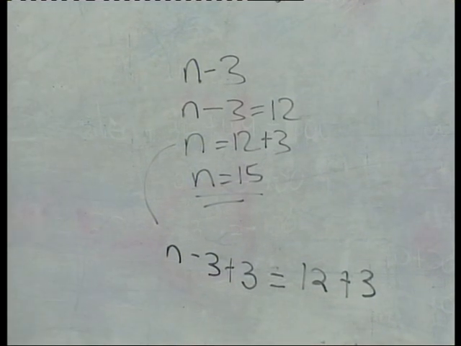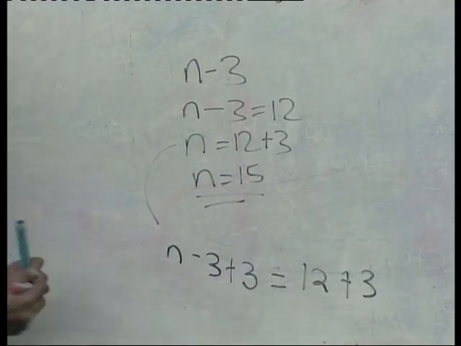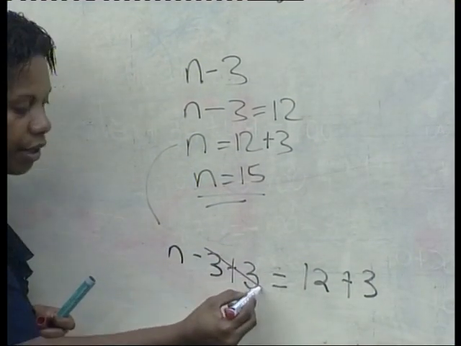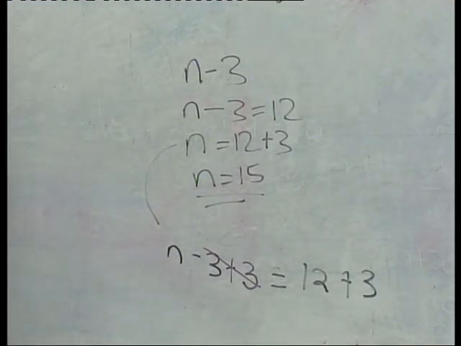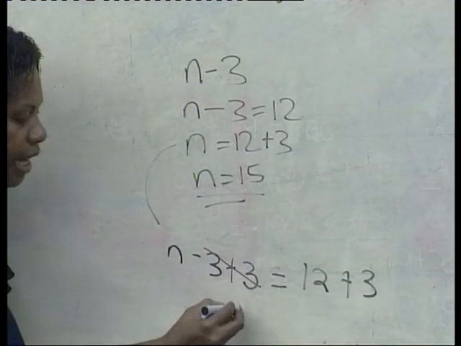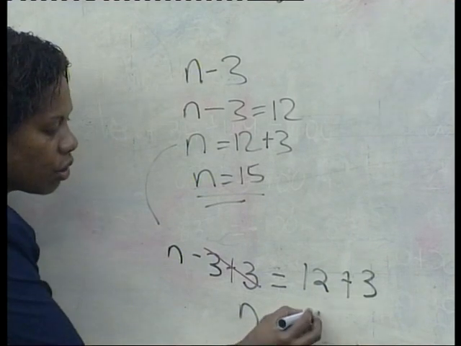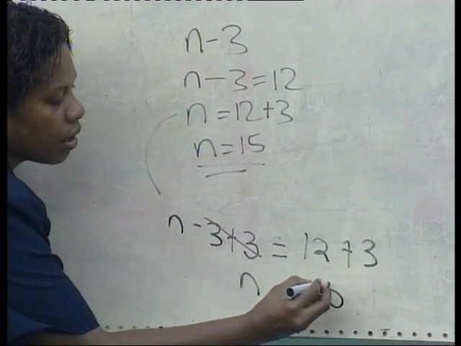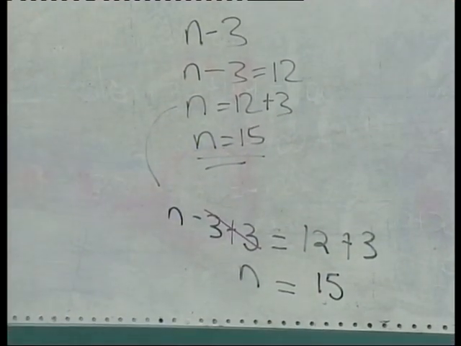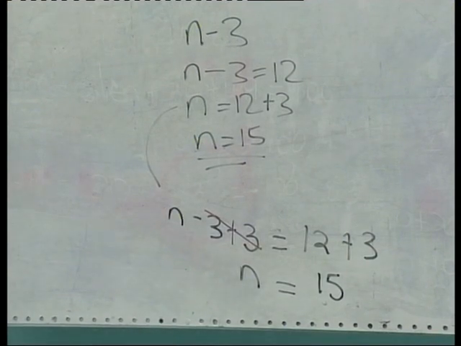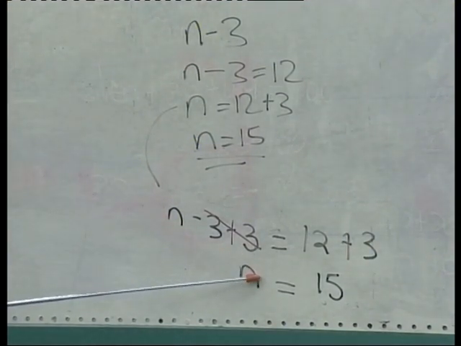So n minus 3 plus 3, you cross off this, so you have n on its own. So n is equal to 12 plus 3, which is equal to 15. Remember, in our previous lesson this is what we did.